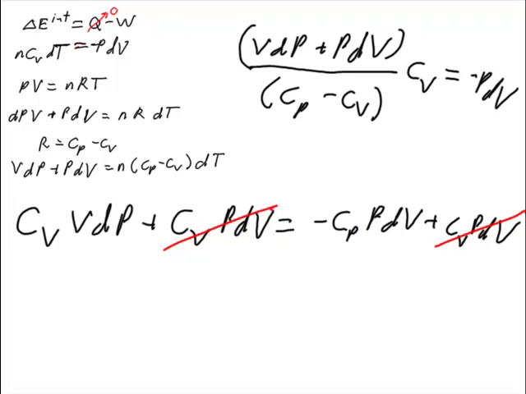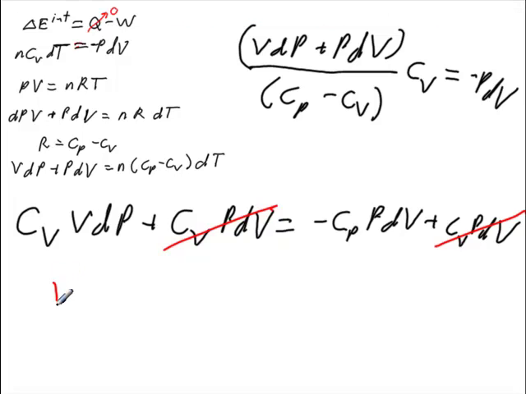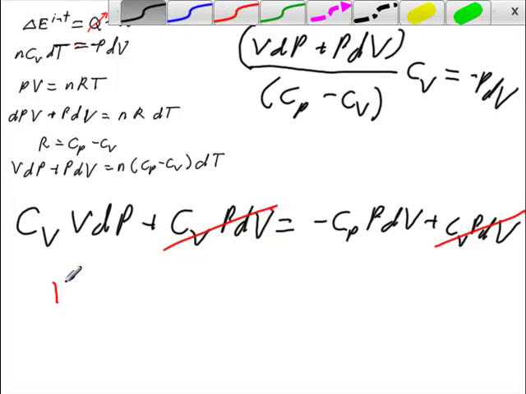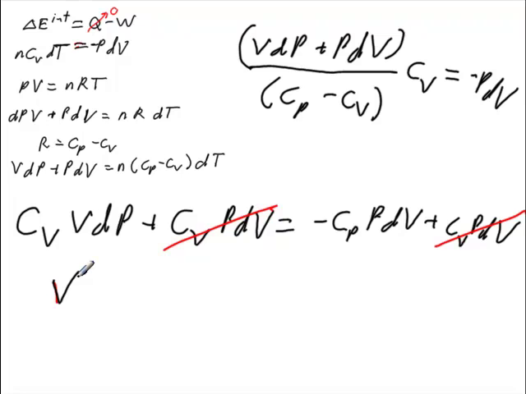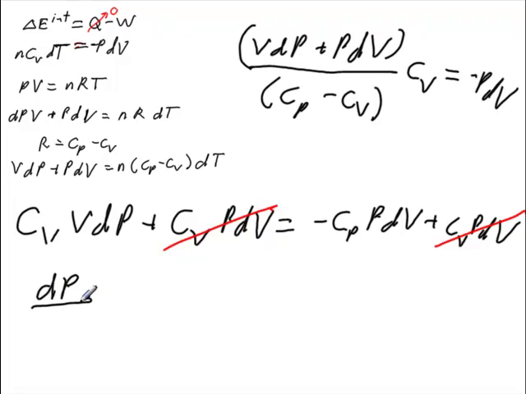And that gives me dP over P equals negative Cp over Cv dV over V.